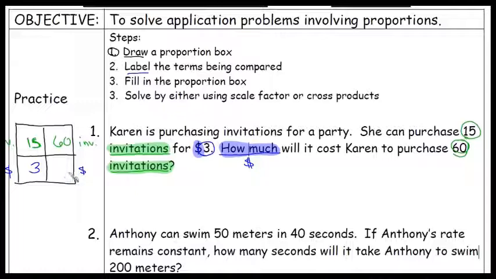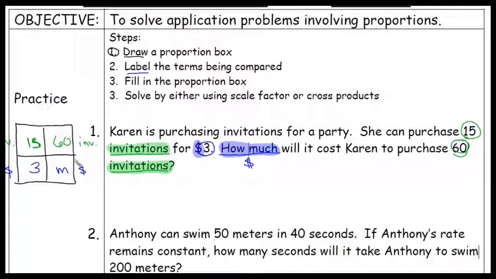Since we don't know how much money that is, I'm just going to put an X for any variable, any letter that we're missing. Whatever that number is, that's going to be my letter X. You can put the letter P or Q or R, whatever letter you want. If you want M for money, actually let's do that. Let's change that X to an M because we're talking about money. That makes a little bit more sense.